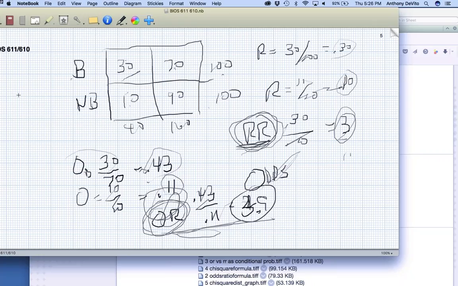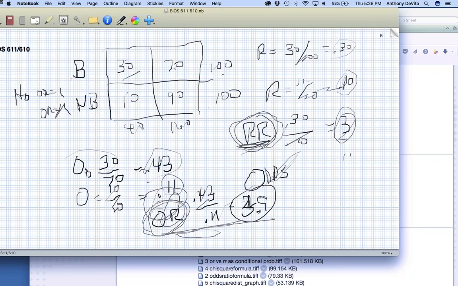So what's our null hypothesis here? Null hypothesis is that the odds ratio is equal to 1, or the alternative, that the odds ratio is not equal to 1, right? And we want 95% certainty before we reject the null hypothesis. So another way of evaluating a table like this, besides chi-square, is to use odds ratio and relative risk.